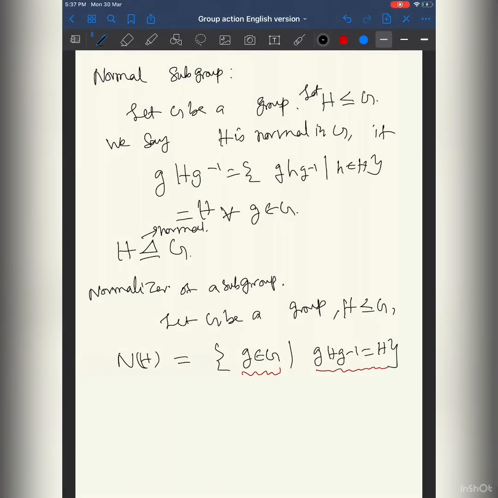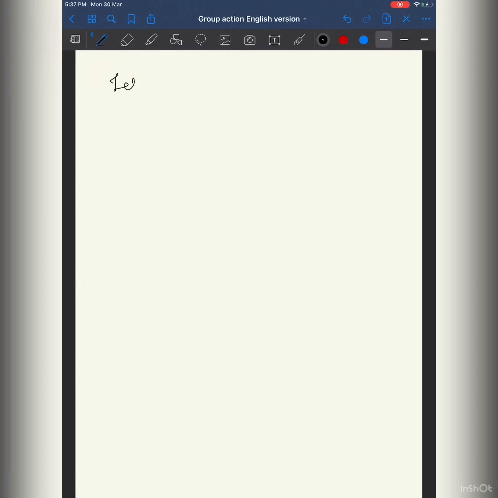In fact, we can give a group action to prove this is a subgroup. So what is that group action? G acts on the collection of subgroups. Let H belong to that collection of subgroups; you can check this is a group action.